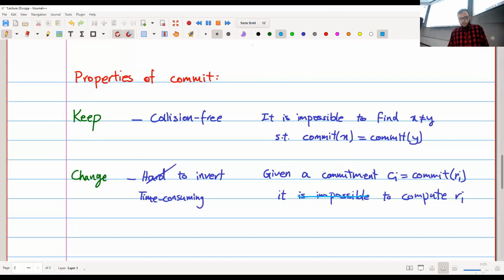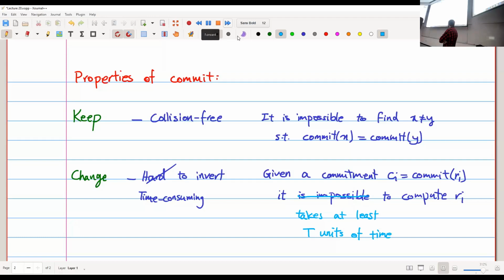I'm going to say it takes at least some time, t units of time. Okay.